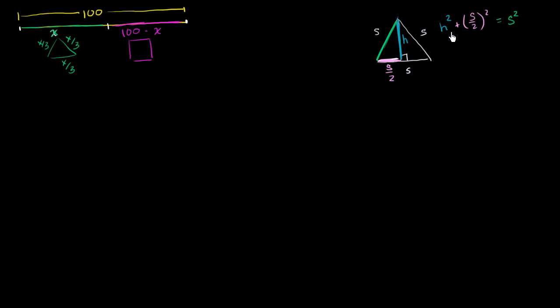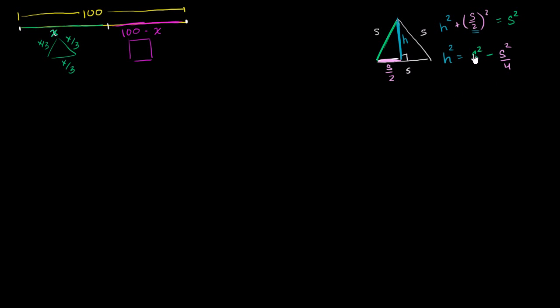And so we just have to solve for h. We can subtract this business from both sides, and we get h squared is going to be equal to s squared minus s squared over 4.